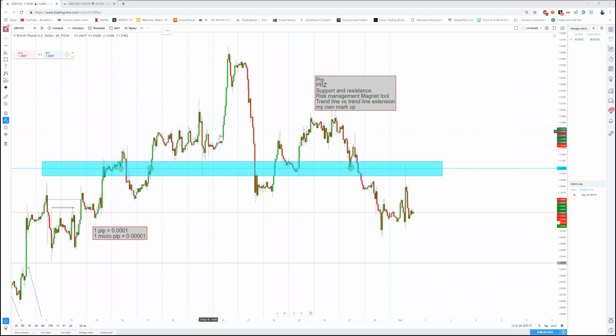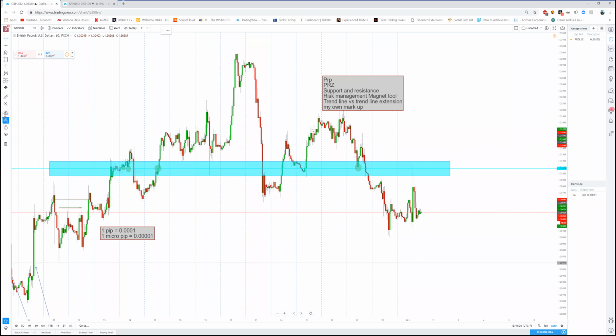Let's go ahead and look at the magnet tool. We went over this last time, but at the same time, we're going to look at the normal trend line as well, because they usually go hand in hand. Almost always, whenever you're going to use the trend line tool, you're also going to want to use magnet mode on as well.